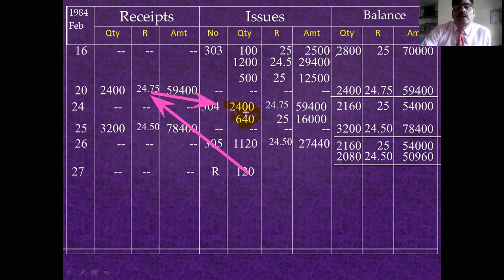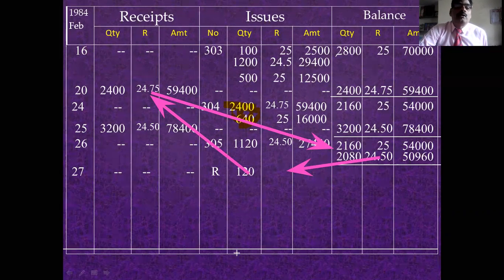20th February rate is 24 rupees 75 paisa. And you check this rate in the balance column. Is it in the balance column? It is not in the balance column. It is already issued to the production department. Therefore, you have to record issue at the current issue price. Current issue price is 24 rupees 50 paisa. So you take 24 rupees 50 paisa here.